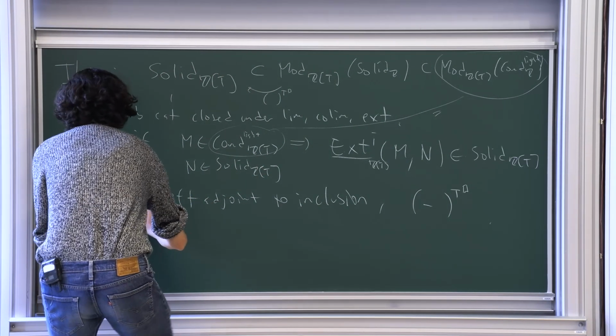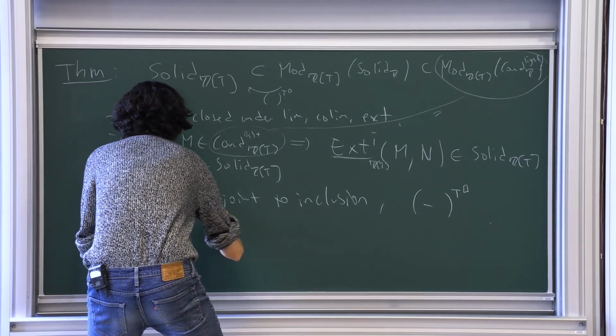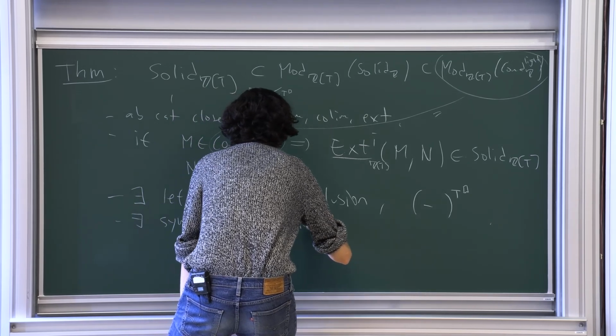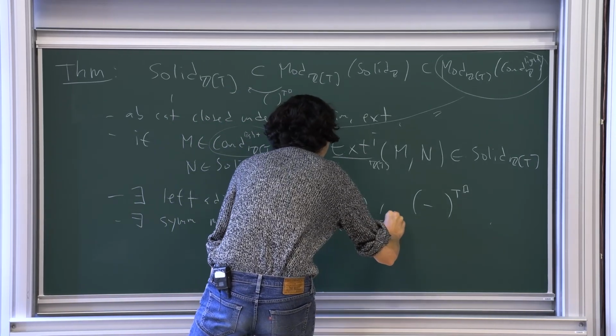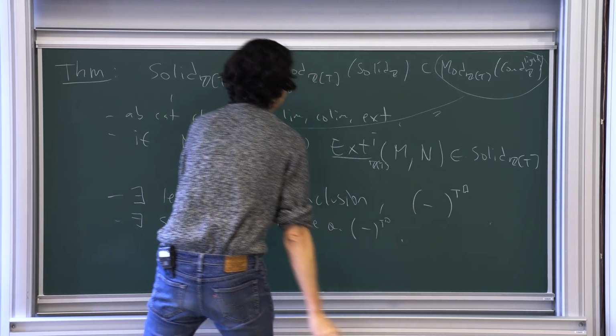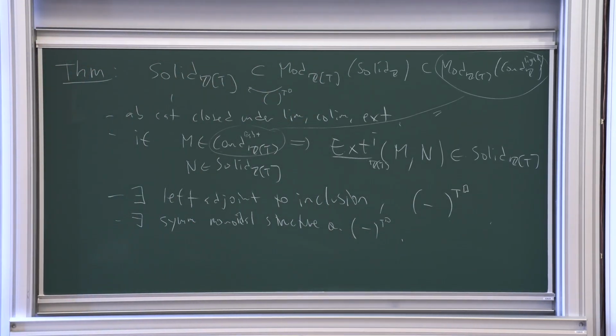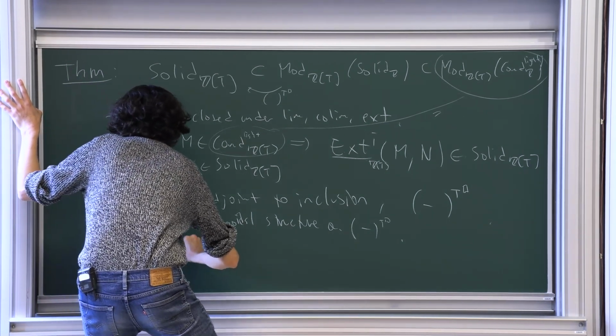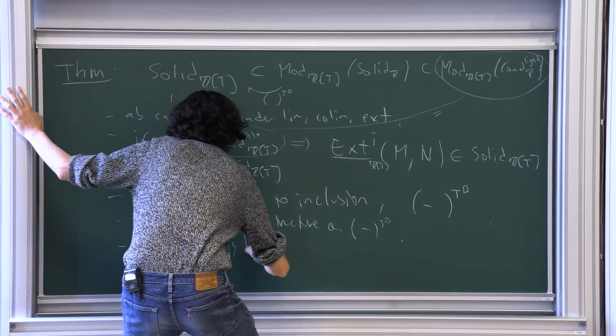Yeah. There exists a symmetric monoidal structure on this derived solidification over ZT. And then the derived analog holds as well.